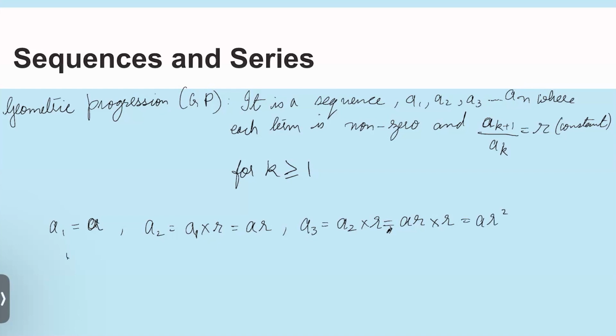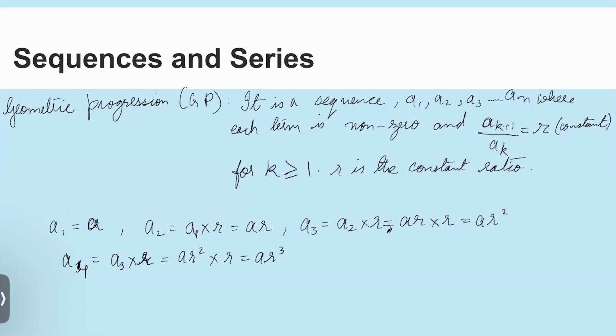And then you will have A4, so that will be A3 multiplied by R, the constant ratio again. R is the constant ratio. So this will be AR squared multiplied by R, so this is again AR cubed.